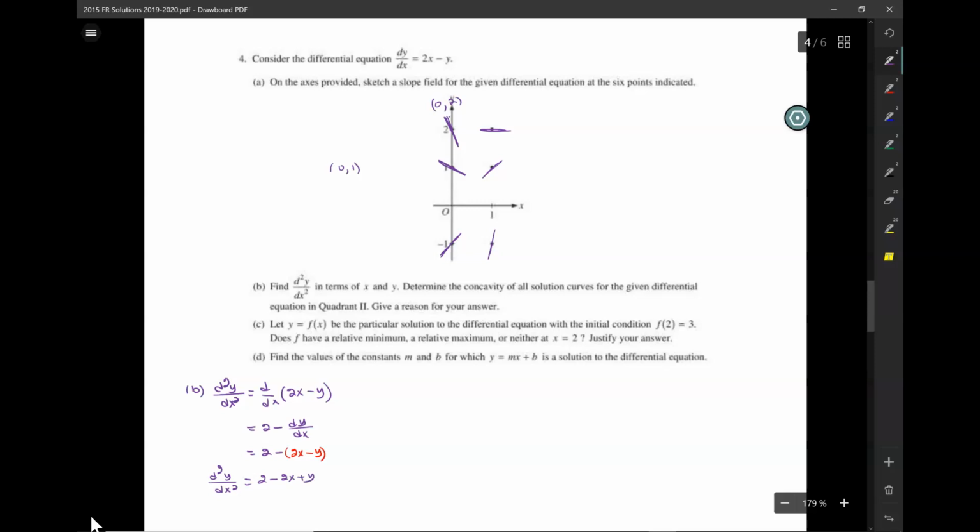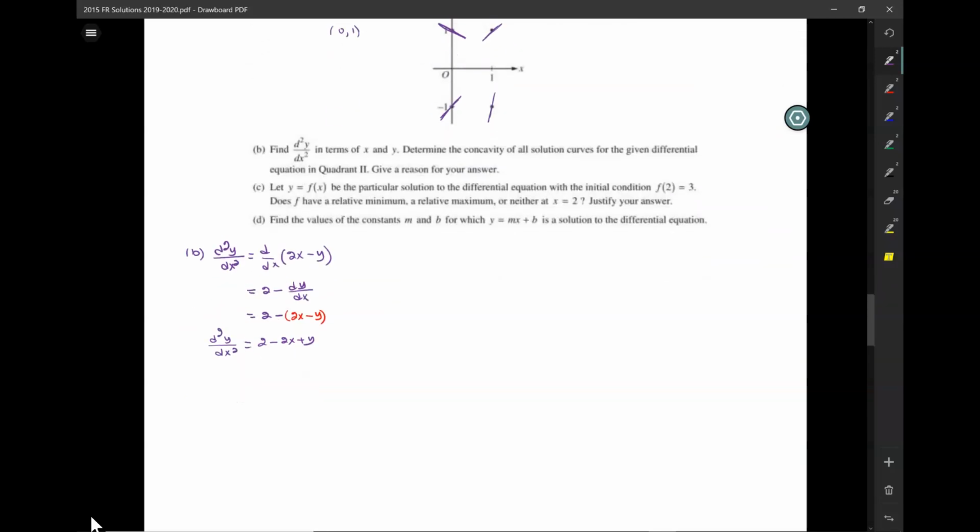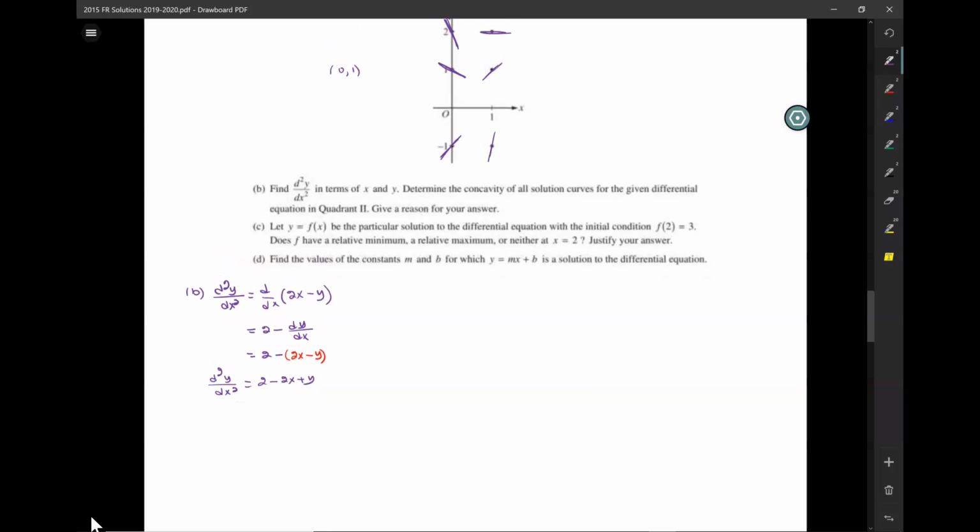Okay. Now, determine the concavity of all solution curves for the differential equation in quadrant 2. In quadrant 2, what is the concavity? Concave up is when f double prime is positive.